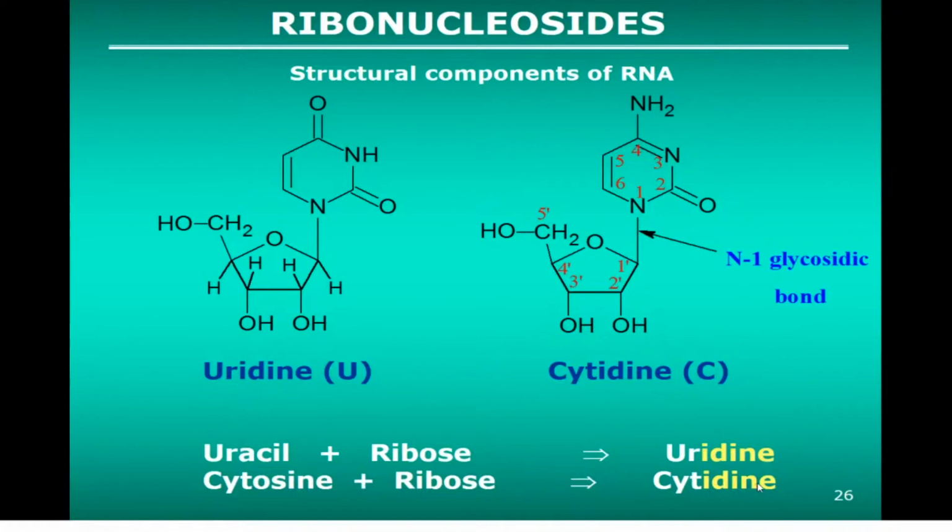So uridine. For short, just U. Cytosine with ribose, cytidine. This is the RNA structural unit. Suffix idine: uridine, cytidine. And one glycosidic bond bonds the sugar with the nitrogenous base.